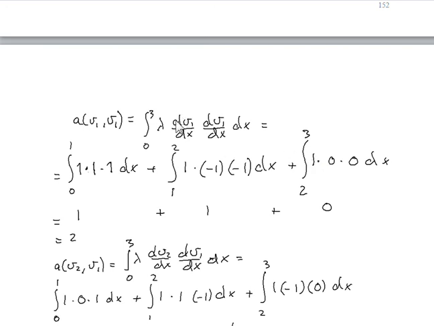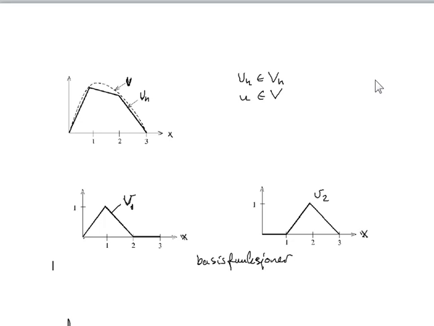Moreover, the derivative of the basis function v1 with respect to x is equal to 1 in the first interval from 0 to 1. Let's go back and show you that this is so. The basis function v1 is this basis function, so from 0 to 1, its derivative is just the slope, the height divided by this length, which is 1.